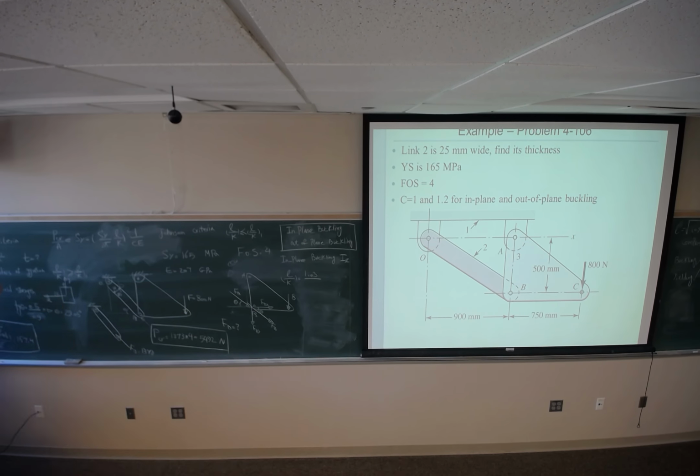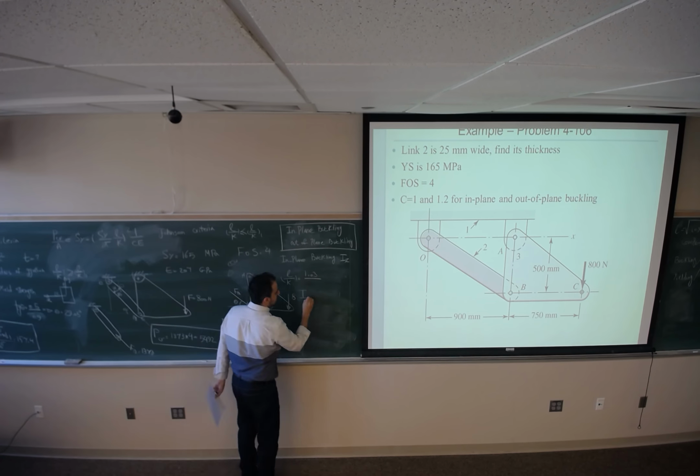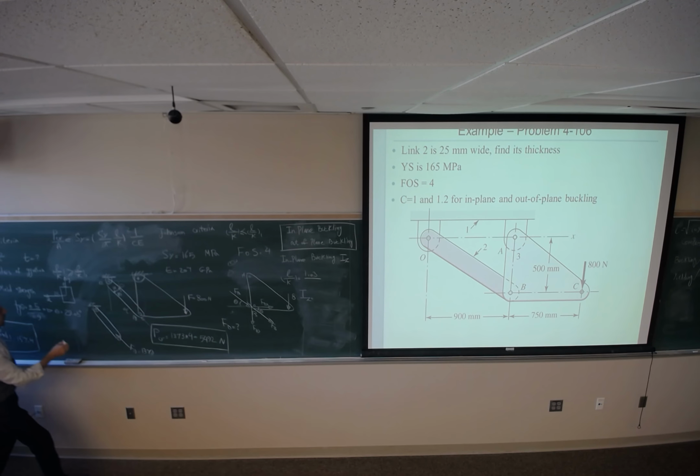This is how I can find K. I'm talking about the in-plane buckling, meaning buckling about the z-axis, so I should use IZ. IZ would be, this is B, this is H, B times H cubed divided by 12.